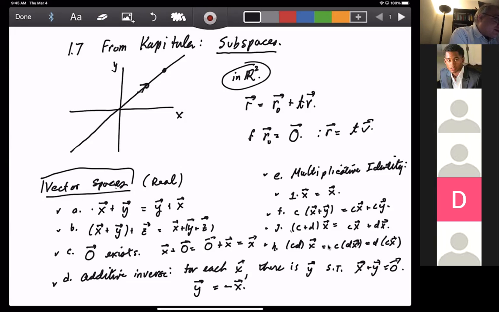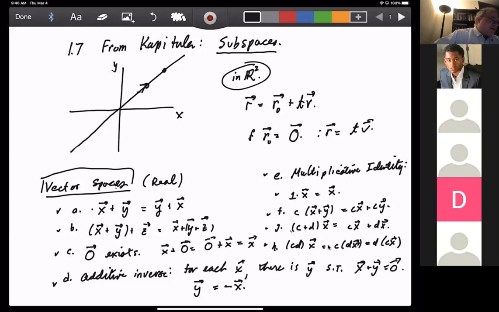Any scalar multiple of 2 points on the line is going to give us another point on the line. So we actually have all the properties here. And this is the geometry that you should keep in mind when you're thinking about subspaces. The setting can be much more abstract, but this is really geometrically what you want to think about.